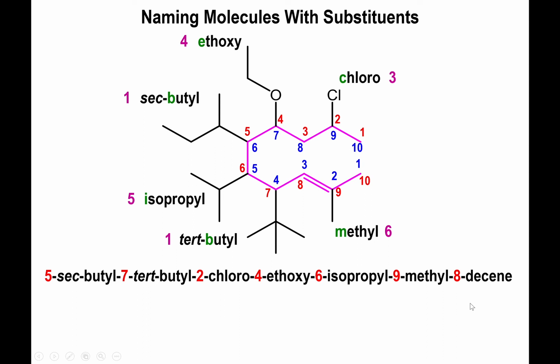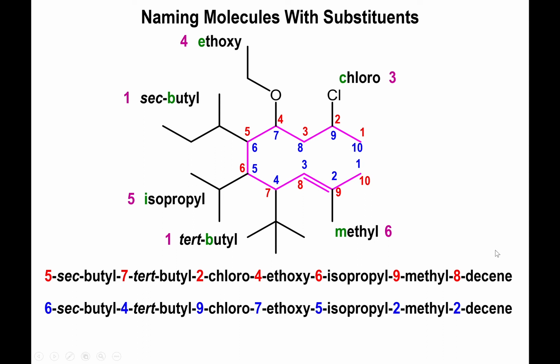If we follow the blue route, on the other hand, we now have decene appearing at position 2 because that's where the alkene appears first. Of course, everything gets rearranged because now methyl is at position 2, isopropyl is now position 5, ethoxy is at position 7, sec-butyl is at position 6, and tert-butyl is at position 4, right?